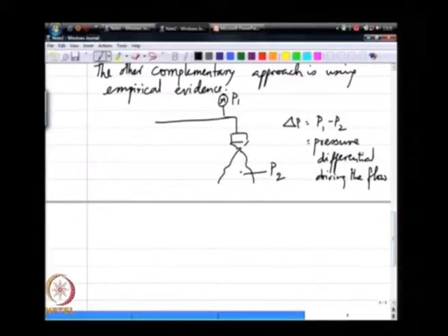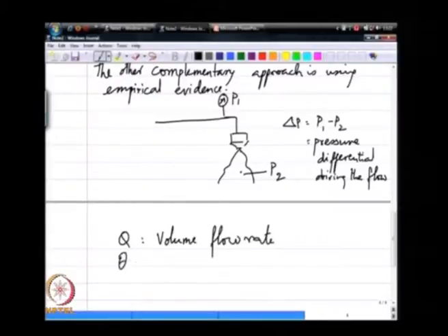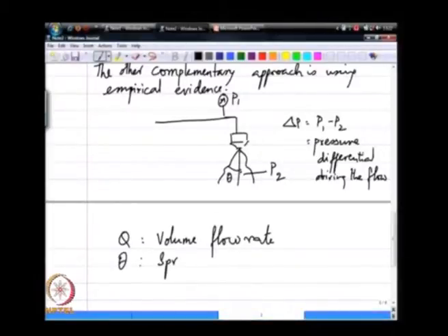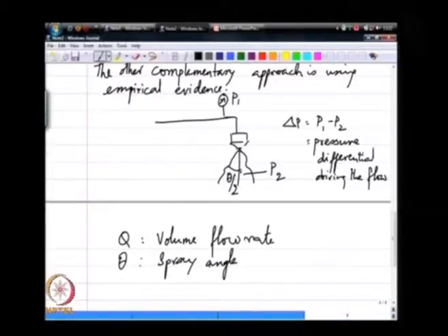So, in return for the pressure differential, I could get some Q, which is a volume flow rate, I could get a spray angle theta. So, I will call this theta over 2, and I could get some SMD, which is the Sauter mean diameter.